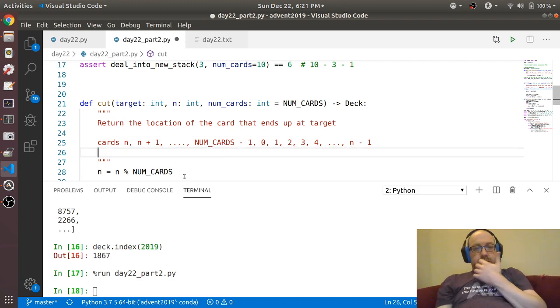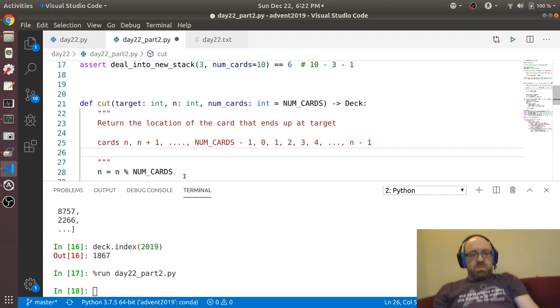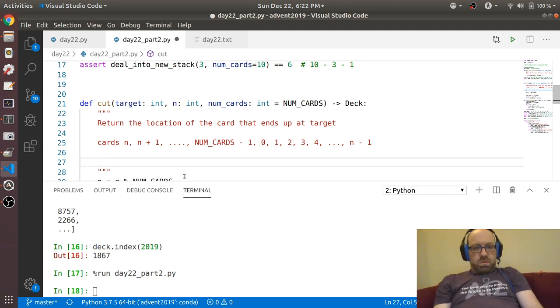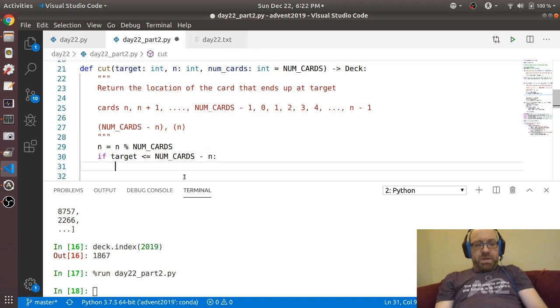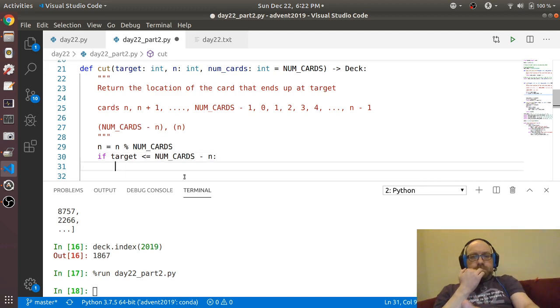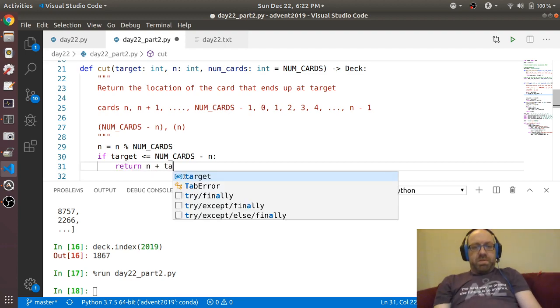And so in other words, we get num cards minus n and n. So we split like that. So if target is less than or equal to num cards minus n, then I want to return n plus target.